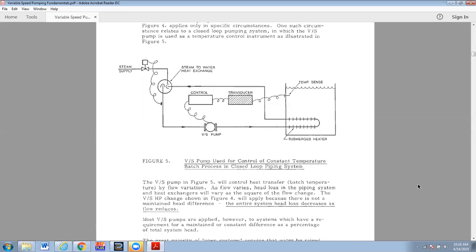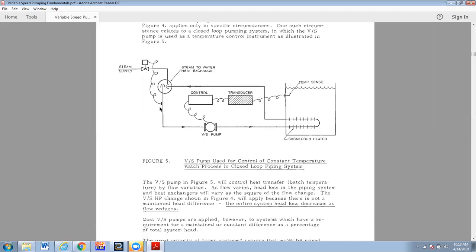So what's going to happen here is that we're going to maintain the temperature in this tank. We have a temperature sensor into transducer and control, which varies the speed on the pump. So if the tank starts getting cold, the pump pumps faster, and basically we have a heat exchanger over here we're supplying steam to, and so this water comes in.